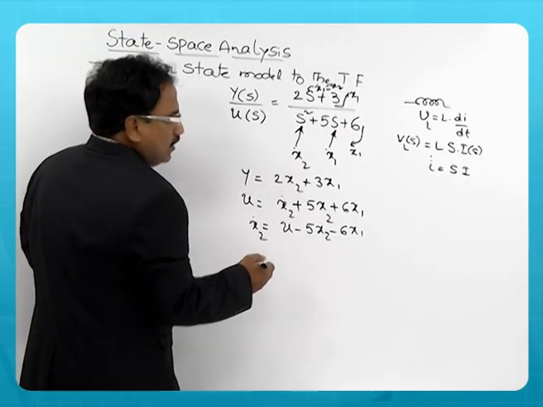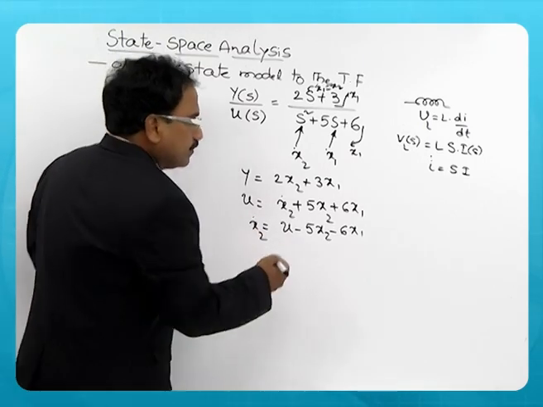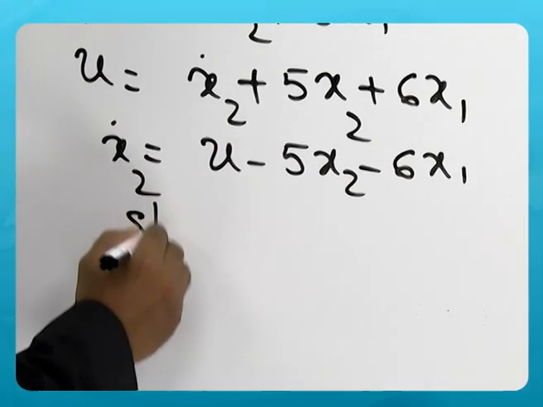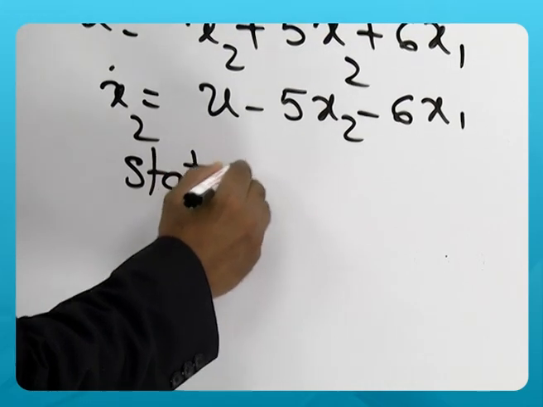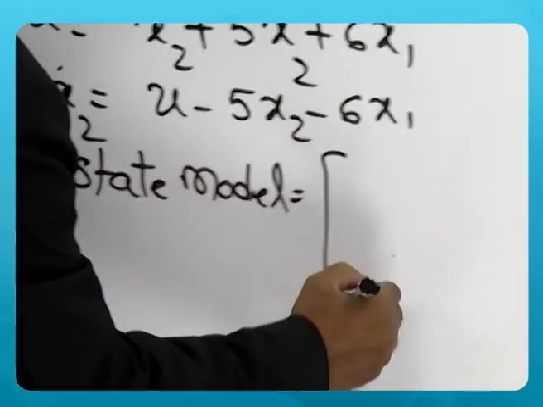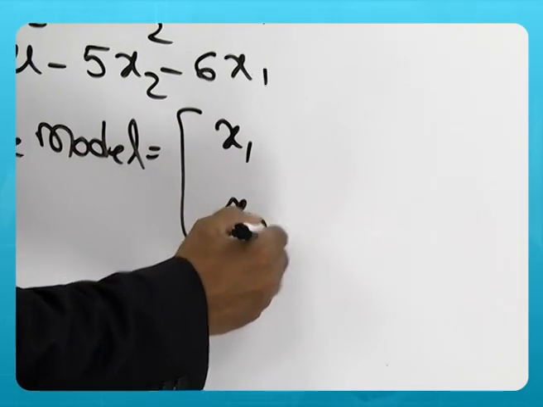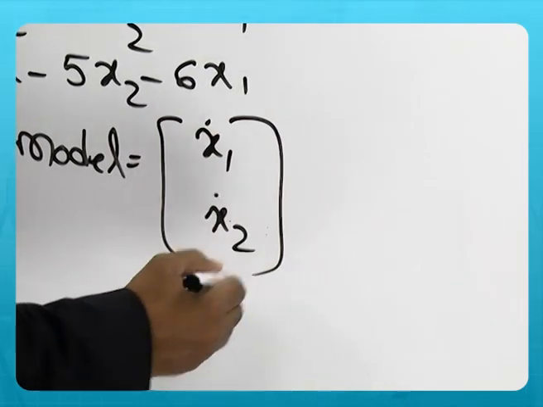So we need to represent now these equations in the form of state model. So the state model is again the differential state vector represented by x1 dot and x2 dot.